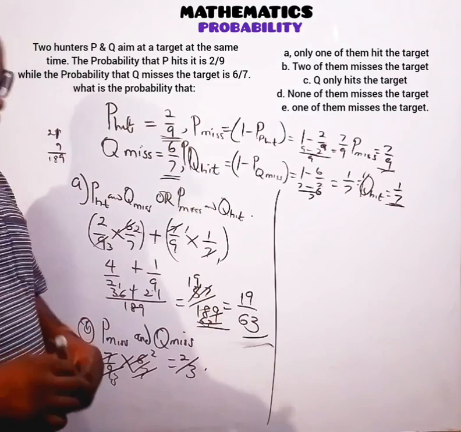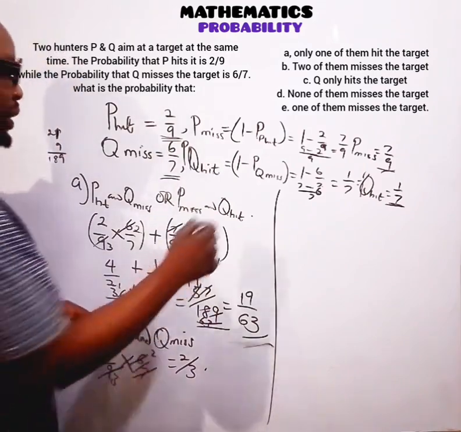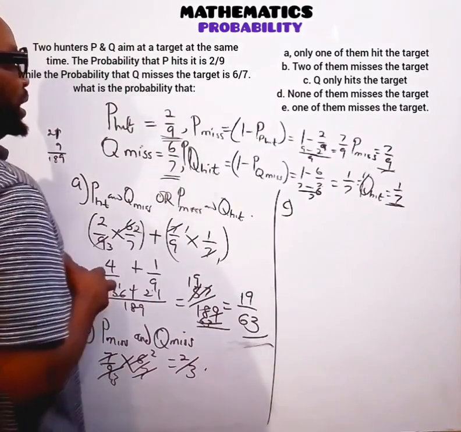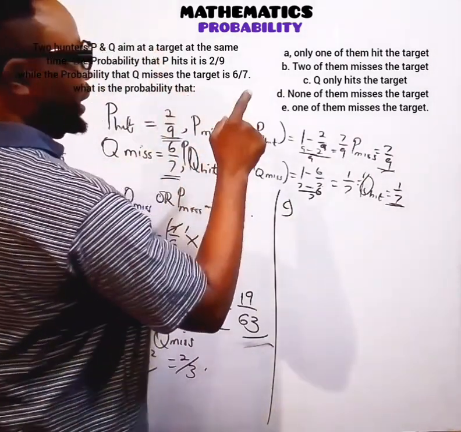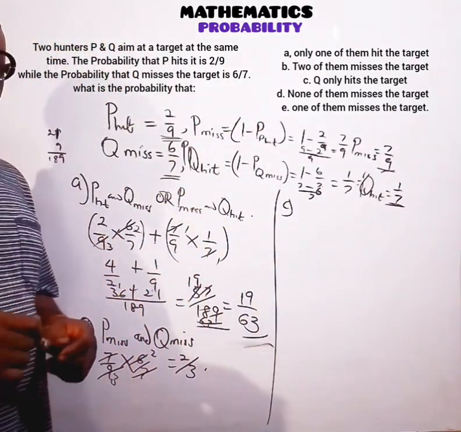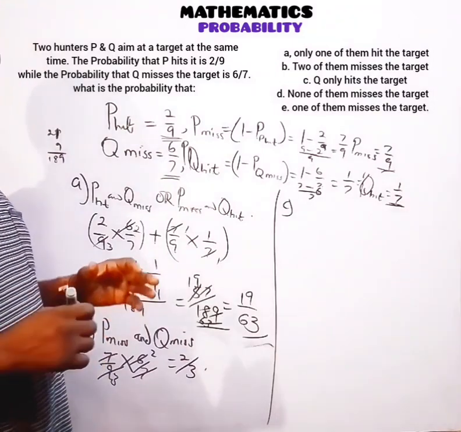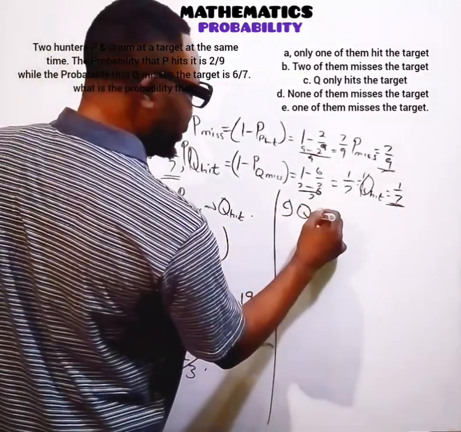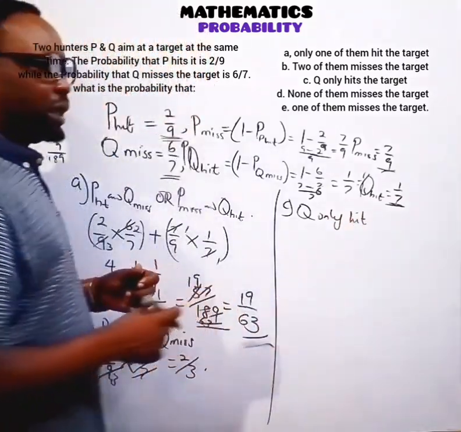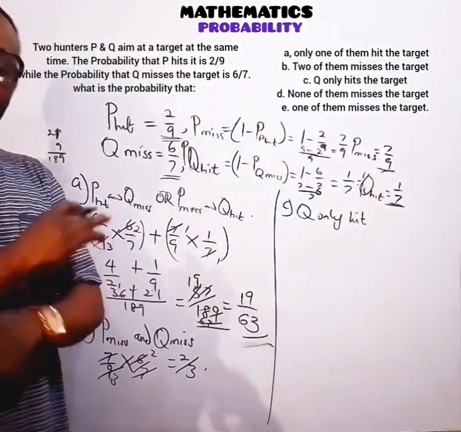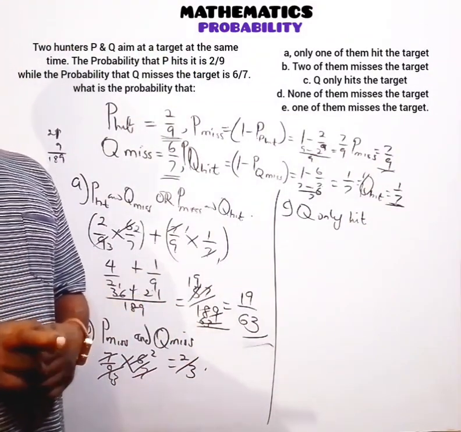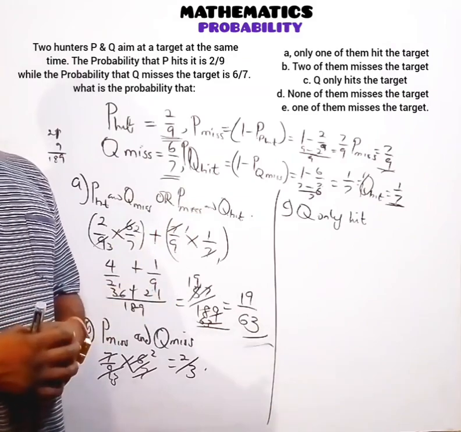Very simple to approach. Now, we move on to the C part of the question. The third question says that Q only hits the target. It means that Q hits the target and P misses the target. That is just a simple expression of that particular question.